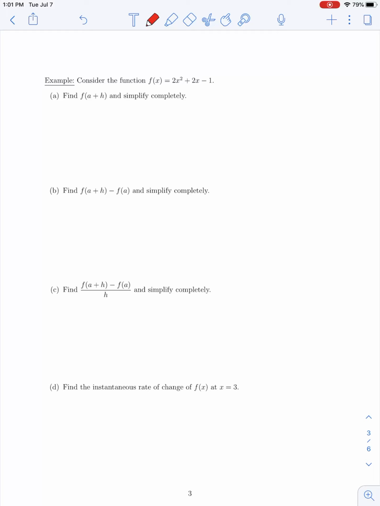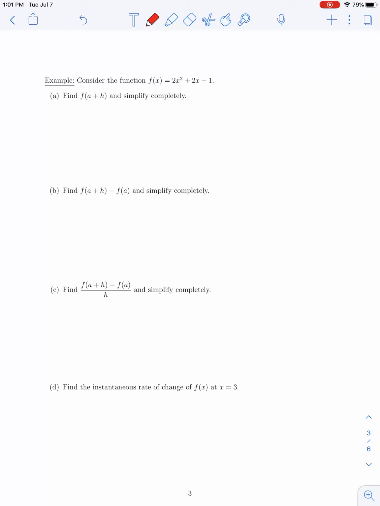So let's look at another one, sort of similar. In this next example, we have a pretty similar function. f of x is some quadratic. And we're going to try to find the instantaneous rate of change of this function at a particular x value. But here, we're breaking up the problem into smaller pieces. Some of your homework problems make use of this.